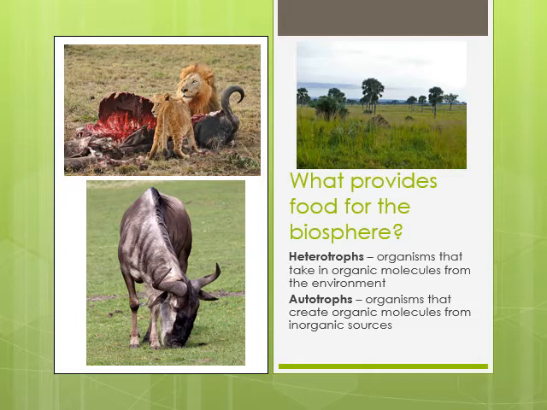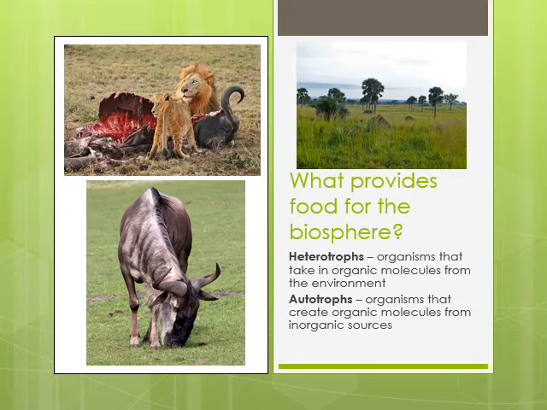As far as a heterotroph, this lion up here, what's the lion eating? A wildebeest? Is it a heterotroph or an autotroph? It's a heterotroph. It's taking in organic molecules. Over here we have grass. Is grass a heterotroph or an autotroph? Autotroph. It's taking in inorganic molecules, carbon dioxide, and converting it to sugar.